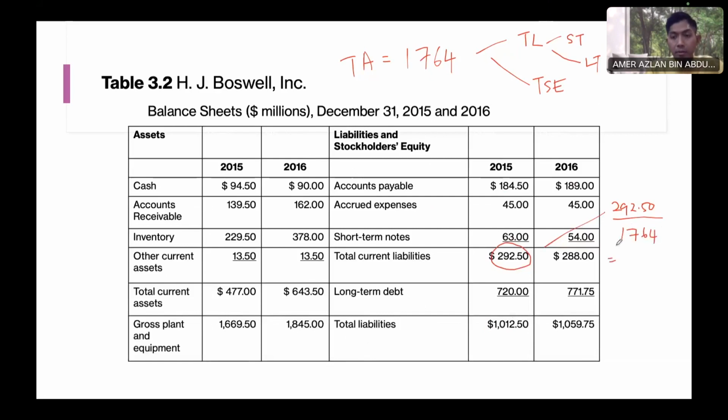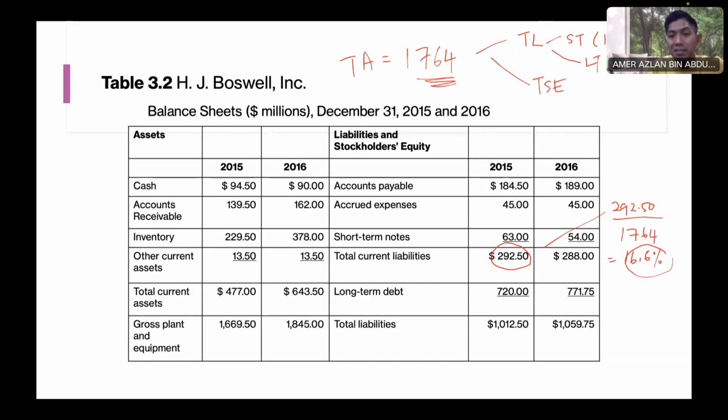it is around 16.6%, which means out of this total of 1764 million of total assets, around 16.6% of these assets were financed using short-term liabilities.